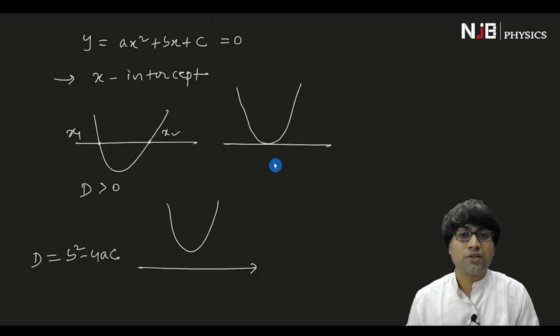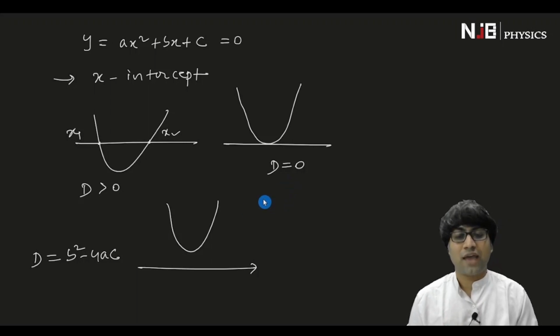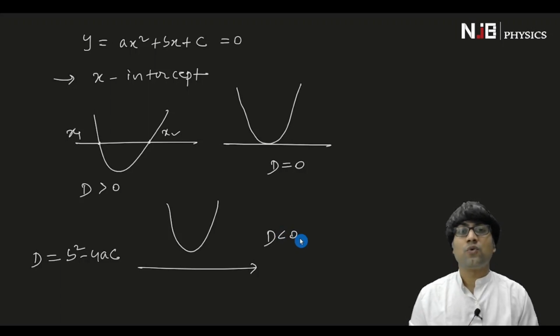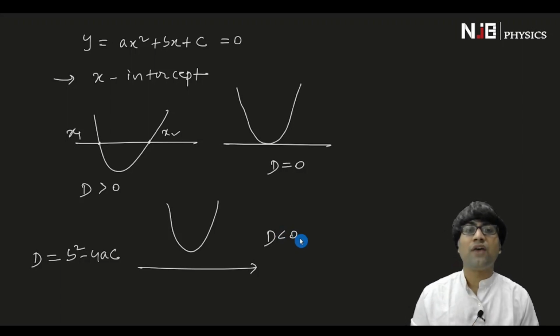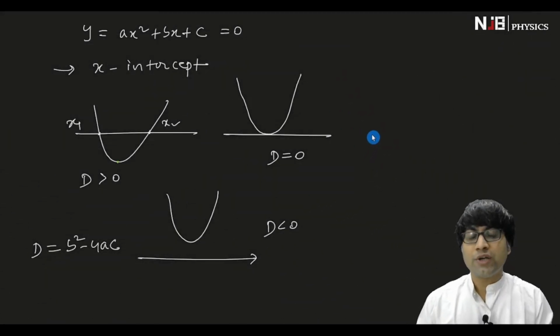In the second situation, if D is equal to 0, then the graph is going to touch the x-axis. And the third situation would be if D is less than 0. That means the quadratic equation is not going to have any real roots. And in fact, we already know a specific relation between this x1 and x2.